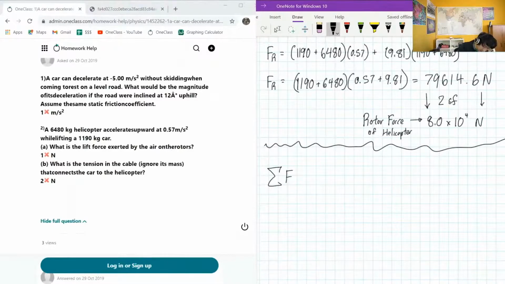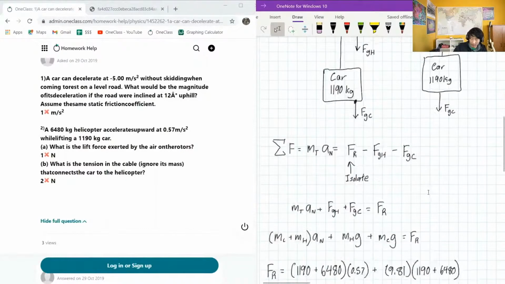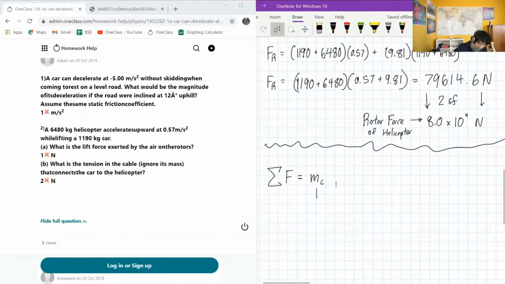The sum of all forces is equal to the mass of just the car itself, because as we scroll up, we are just dealing with the car here, multiplied by the net acceleration, because they're physically attached to each other, so they have to have the same net acceleration.